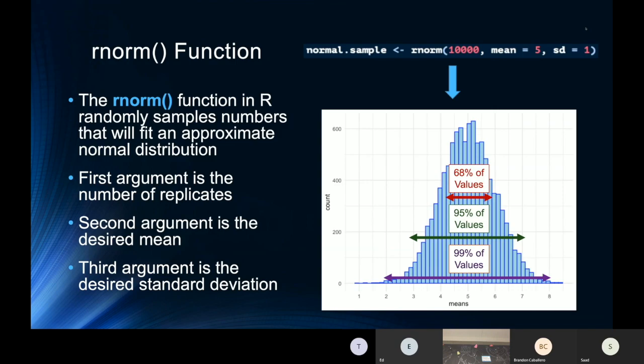I'm going to show you an actual data set next. Each individual line here: the mean was 5, 1 standard deviation over was 6, then 7, and 8.